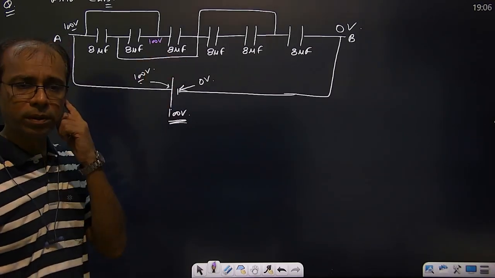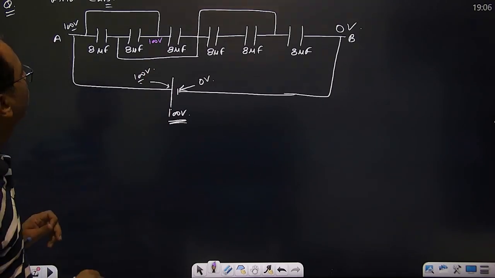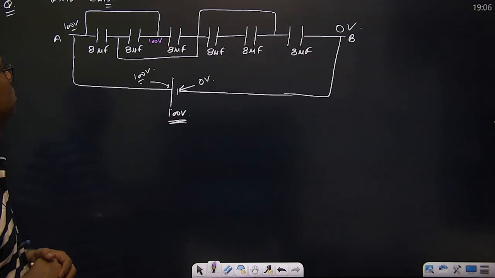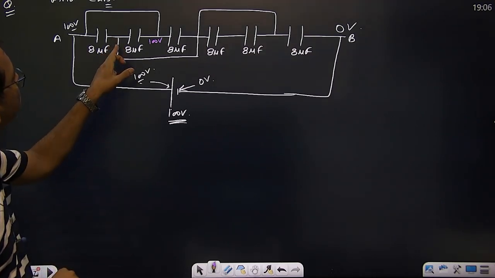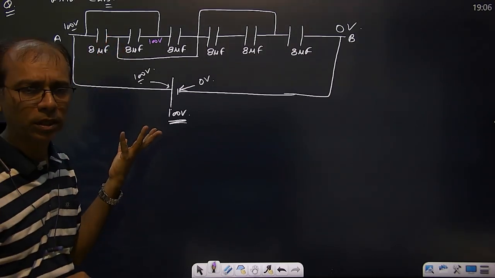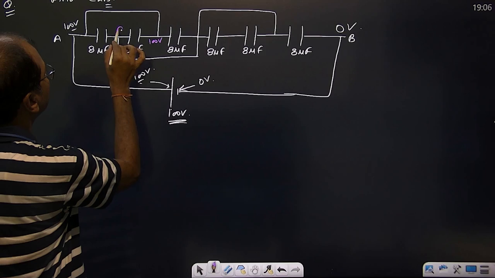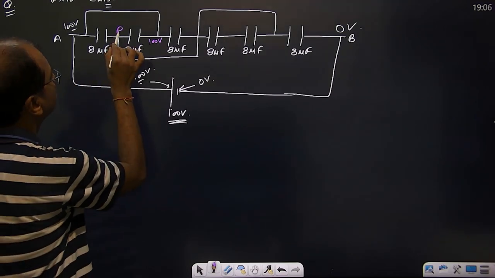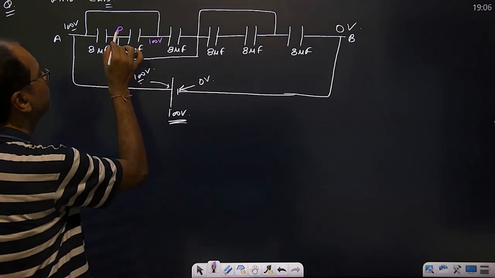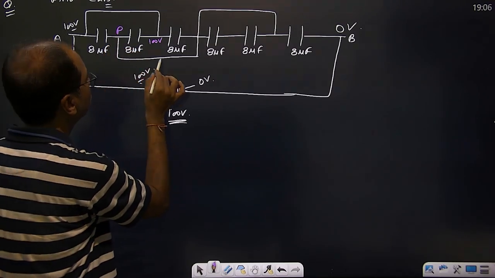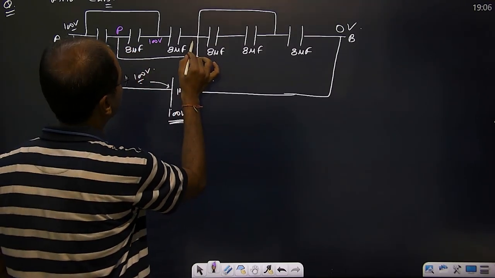Done. Now, what more can we do? Suppose that here, I don't know how much the potential is, but let's say this end I am assuming as P. So here the potential is P, whatever it is. So here also the potential will be the same, no? Answer is yes.